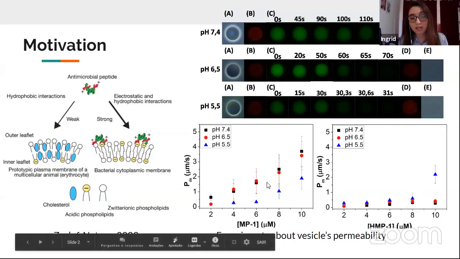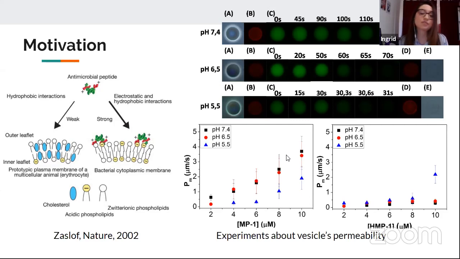The MP1 is most effective at pH 7.4, but it is effective at all three. And the HMP1 is not effective at pH 6.5 and 7.4, but it is at pH 5.5.